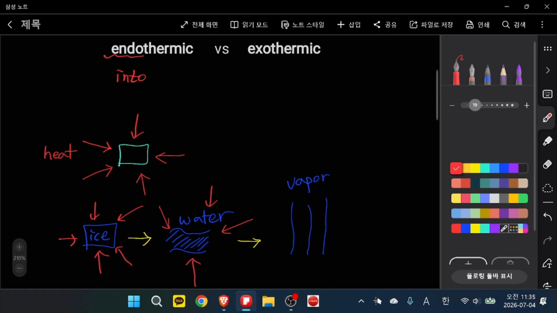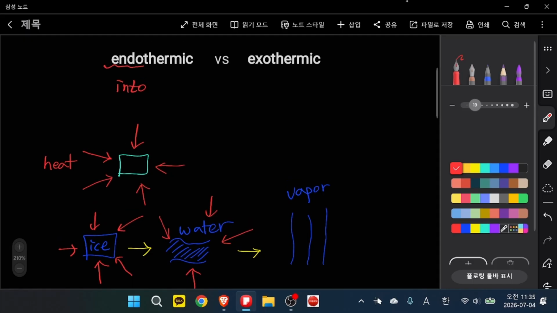Now let's look at exothermic. The prefix exo means out of.